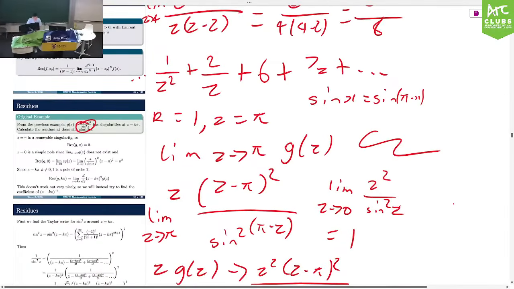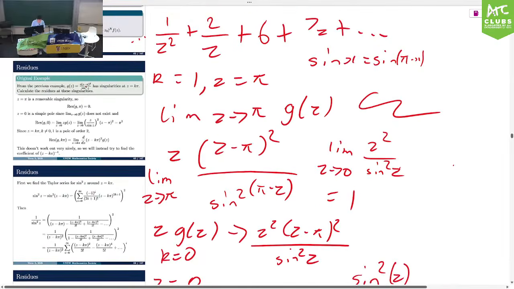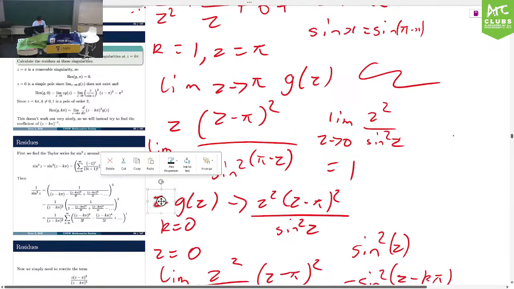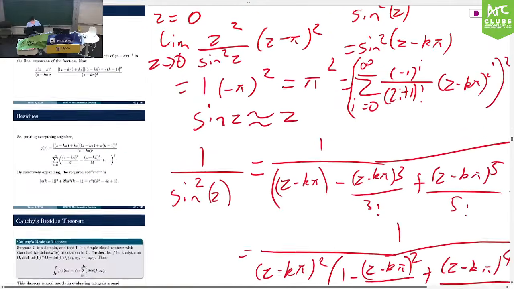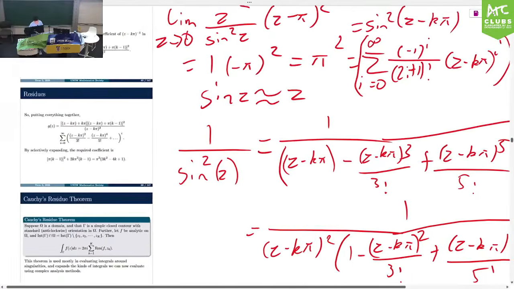For the third time, I'm going to say this: 1 minus sine squared z. We already found the expressions like that. Now, we have this really convoluted thing. Sorry, I forgot to say one thing. Wait, is that squared?